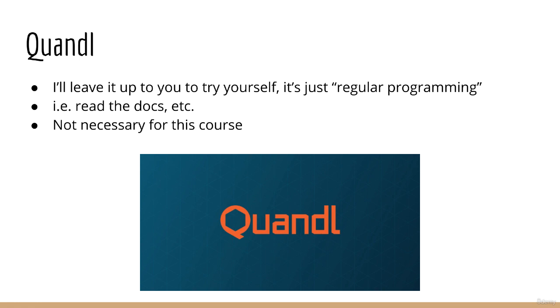If you're interested in using Quandl for yourself, this is what I would consider to be a regular programming exercise. Basically, you read the documentation, look at the examples, and as long as you know how to program, it shouldn't be too difficult. But note that we will not be using Quandl in this course. I just wanted to let you know of its existence, so that if you want to do your own research in the future, this is one place you could look.